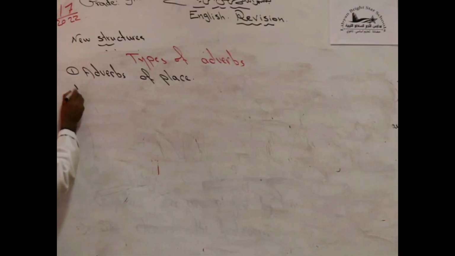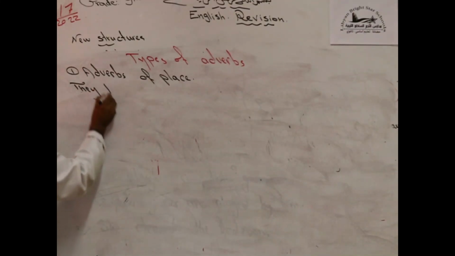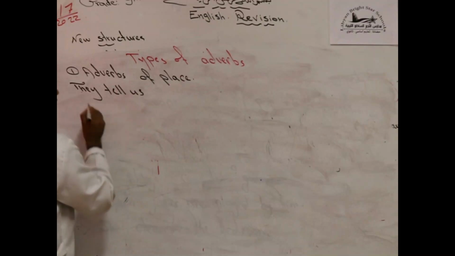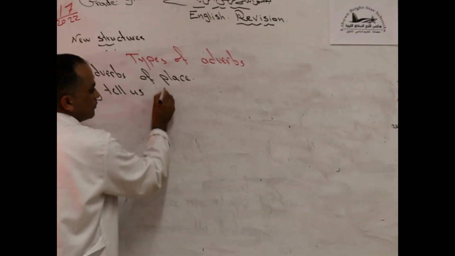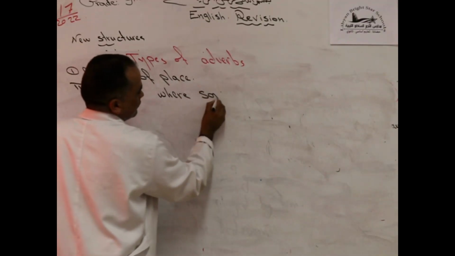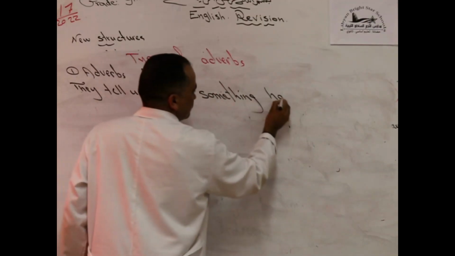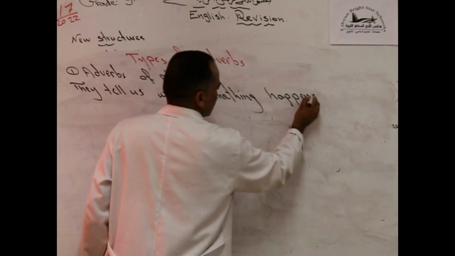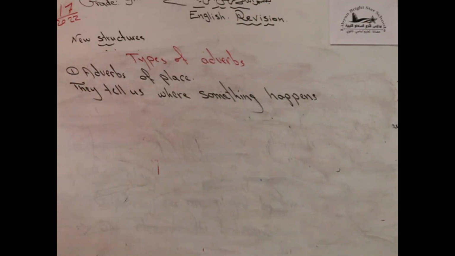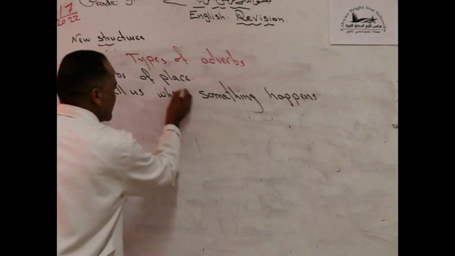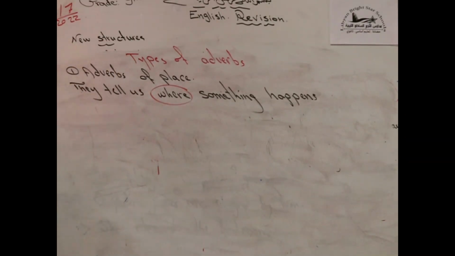Adverbs of place, they tell us where something happens. We use the adverbs of place to answer a question which starts with where.